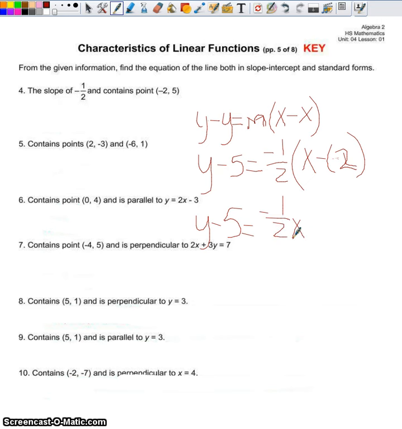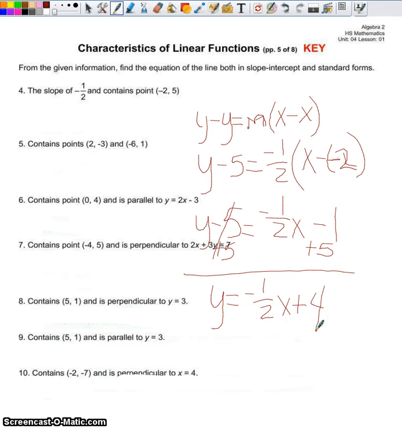Now that negative made that positive, but then when I multiply by negative 1/2, it's going to make it a negative 1. Correct? So now I just got to take that 5 over. When I take that 5 over, it's a positive 5. So that's going to give me y equals negative 1/2 x plus 4. So that's my equation in slope-intercept form, correct?